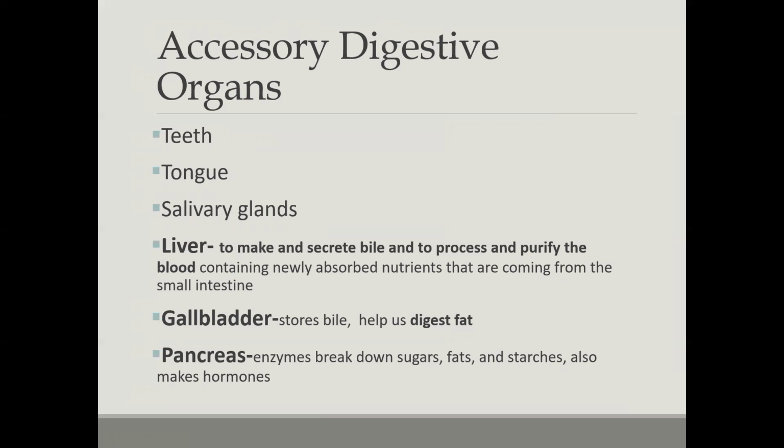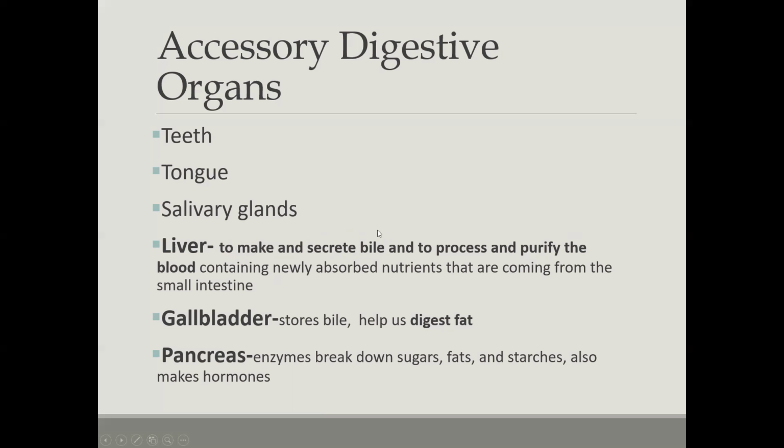The liver's main part in digestion is that it makes and secretes bile. And then of course it also works to purify the blood. Things that you eat, things that you may or may not need, or that the body doesn't need in as much quantity, the liver is our purification system, containing newly absorbed nutrients coming from the small intestine. So that's where the liver comes into play.